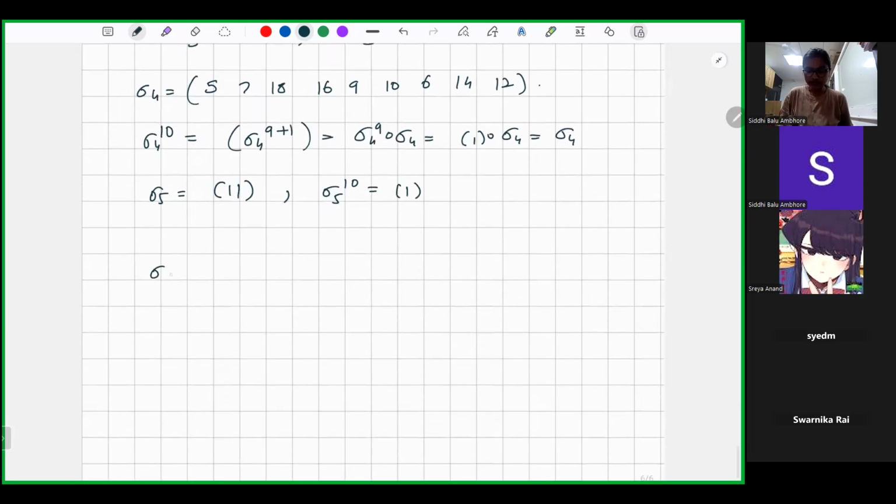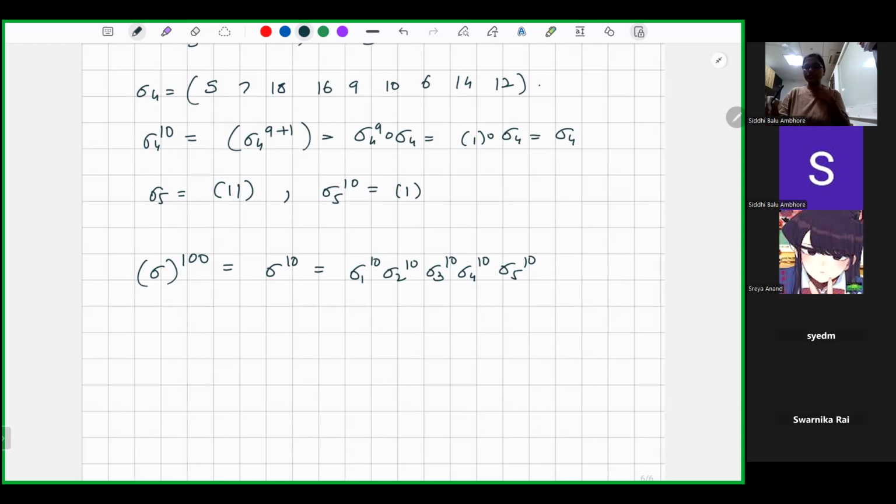So we see that sigma power 100 is actually sigma 1 power 10, sigma 2 power 10, sigma 3 power 10, sigma 4 power 10, and sigma 5 power 10. That happened because these all were disjoint cycles, and that's why we can commute them, and that's how we got this.